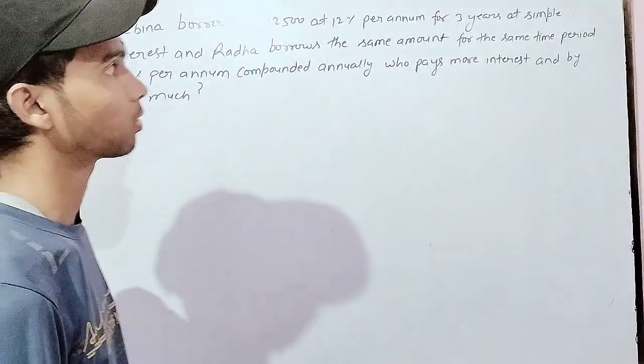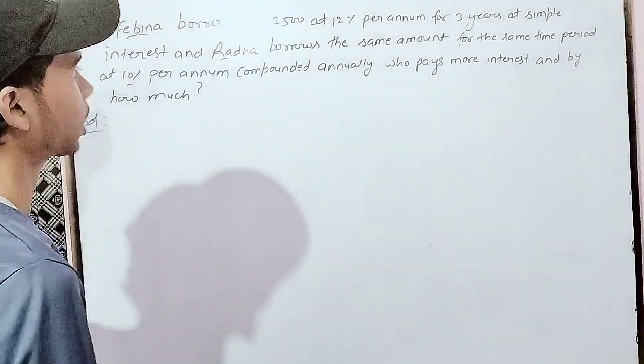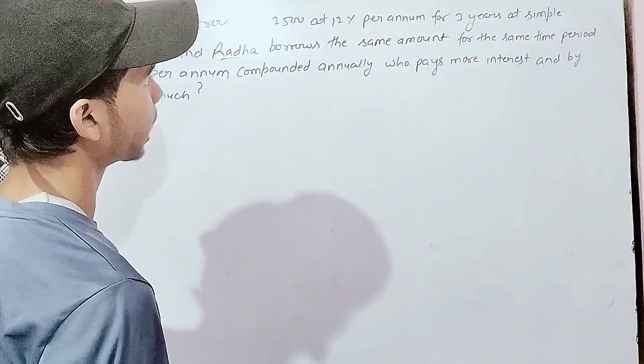And Radha borrows the same amount for the same time period at 10%, but the interest rate is changed. Time is fixed, the same. Amount is also fixed, same, but interest is different. For this girl, interest is 10%. For this girl, interest is 12%. Per annum compounded annually.